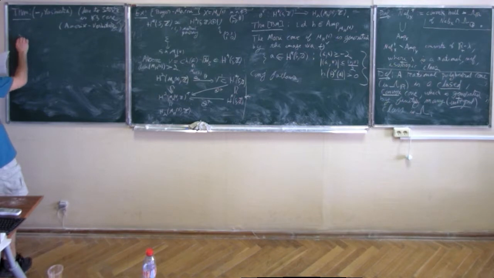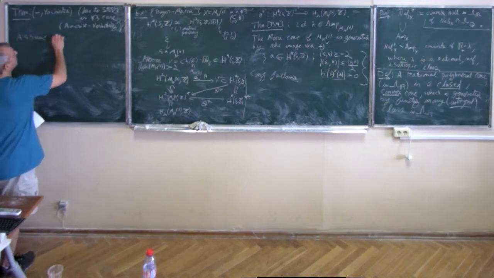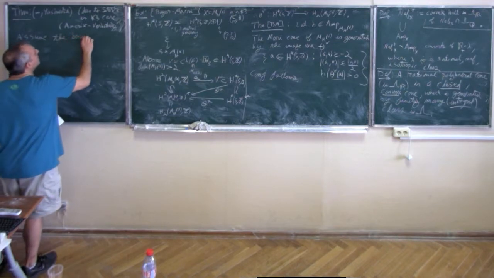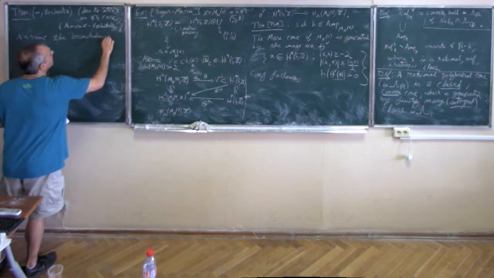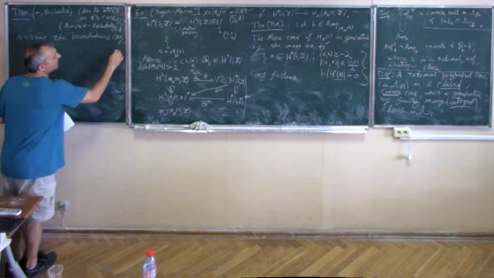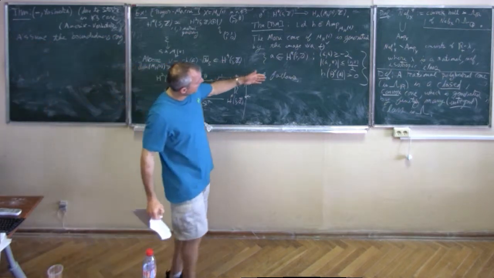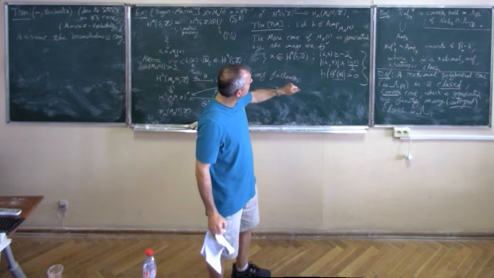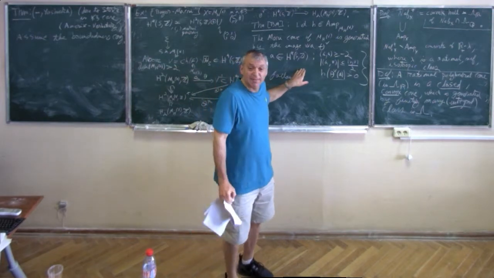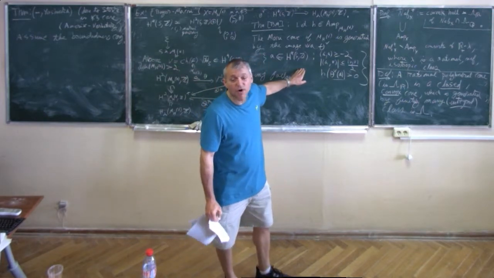So assume the boundedness conjecture. Oh, by the way, the description of the ample cone given for moduli spaces here was worked out actually independently by Yoshioka for abelian surfaces.